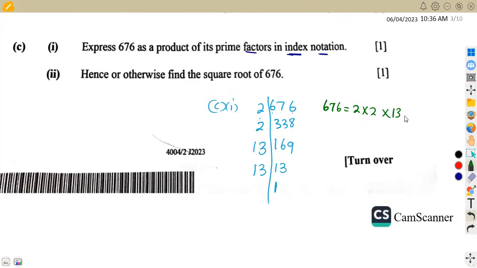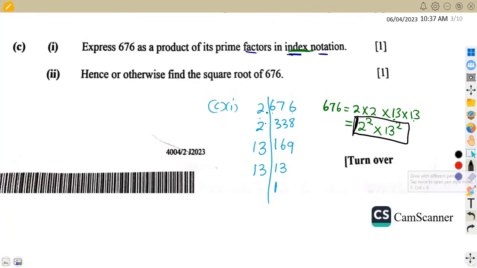2 times 2 simply means 2 squared. That's index notation now. 13 times 13, that's 13 squared. So this was supposed to be your answer in index notation: 2 squared times 13 squared.